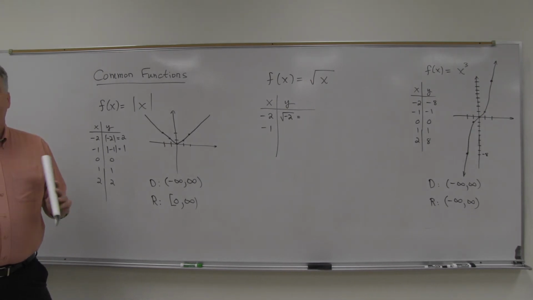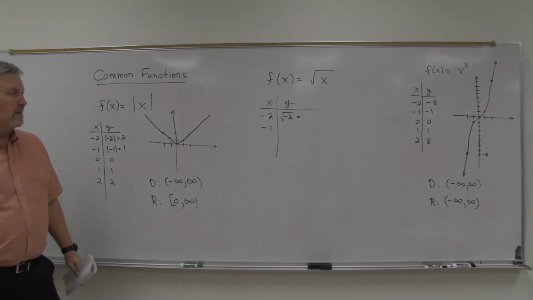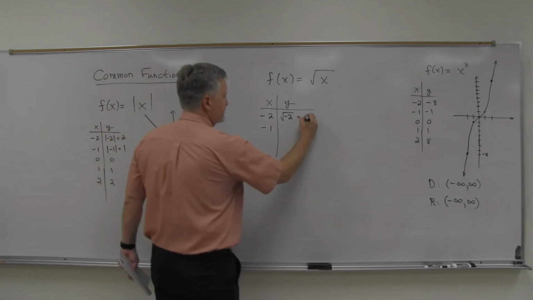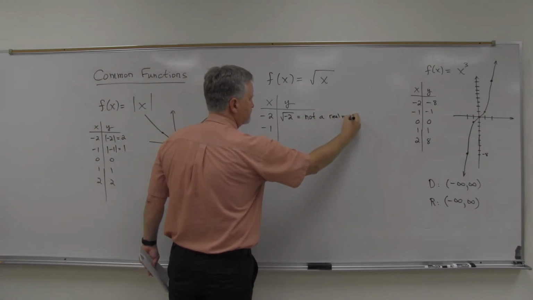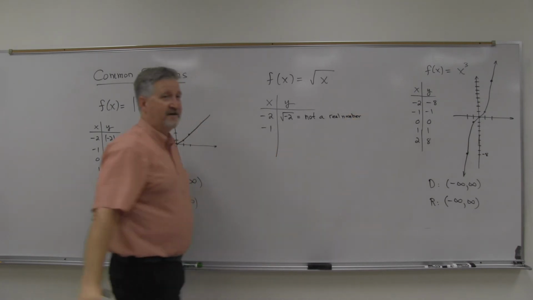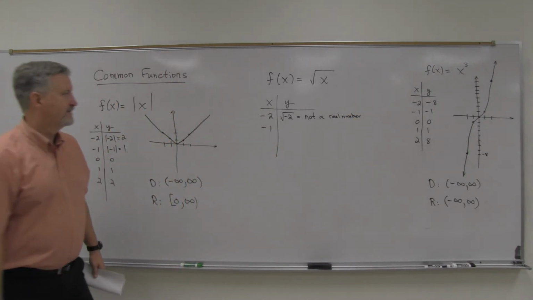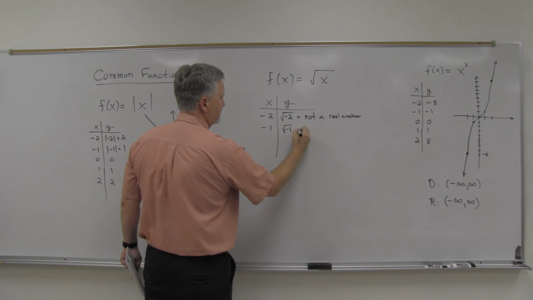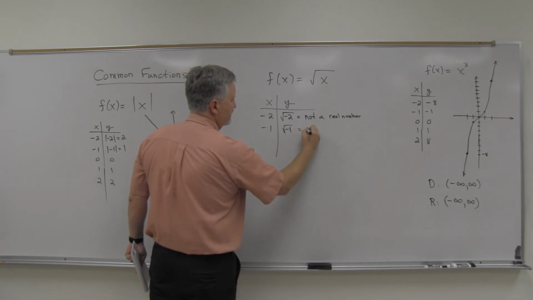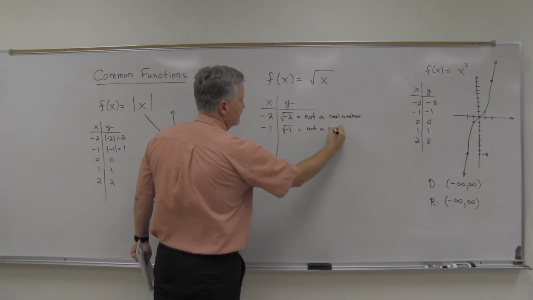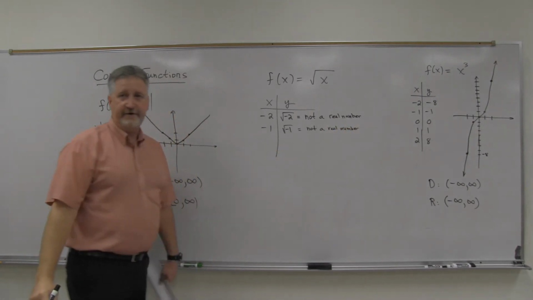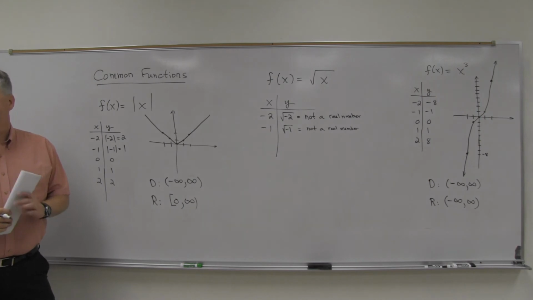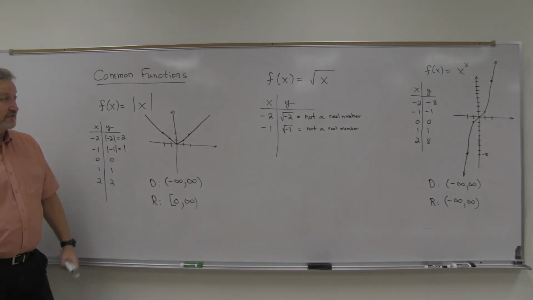We're not graphing anything that's imaginary here. So we'll just say that's not a real number, thus it's not going to be on the graph. Same thing with the square root of negative 1. Not a real number. You could say it's i, but we can't graph that on the graphs we're doing.